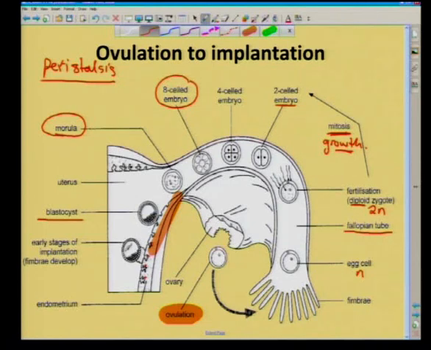Now this little blastocyte starts to develop little finger-like structures, similar to the fimbriae. So we had fimbriae here at the end of the ovary, and it starts to develop these little fimbriae. And those little fimbriae, if you think of dough, all right, think of a ball of dough. And you've got this little egg cell, and it's got fimbriae, which are like your fingers.